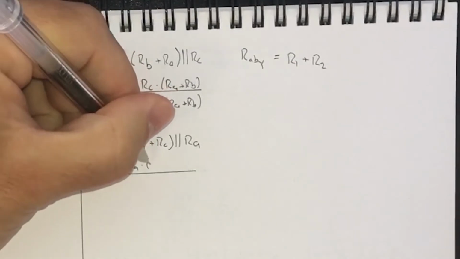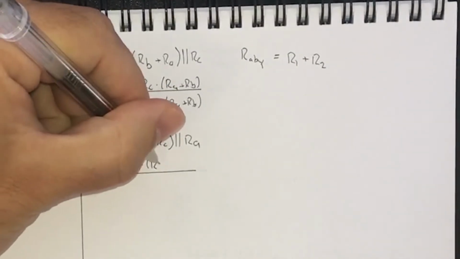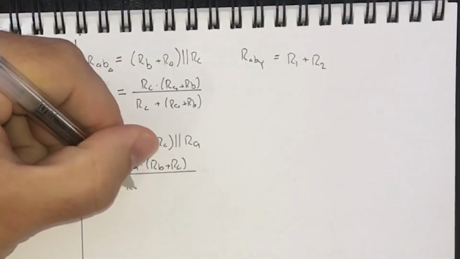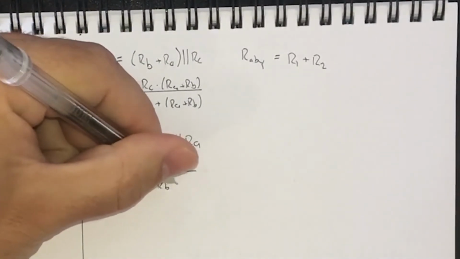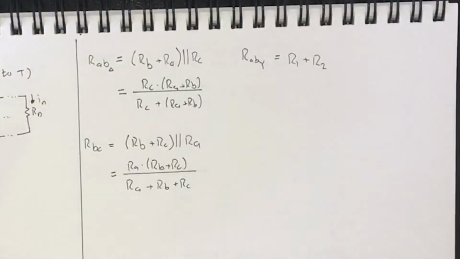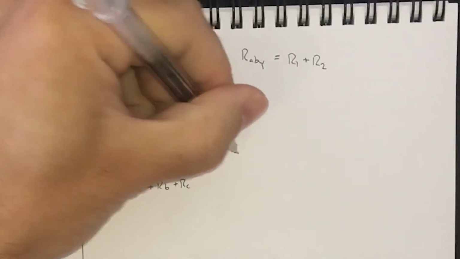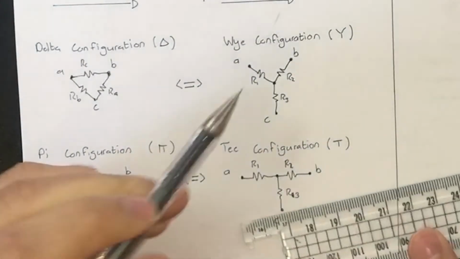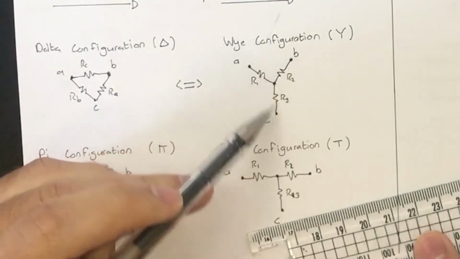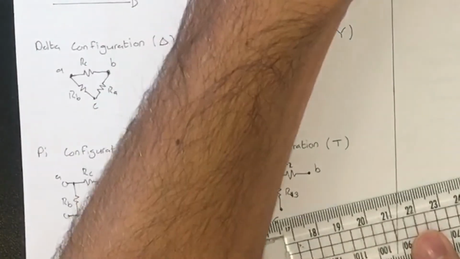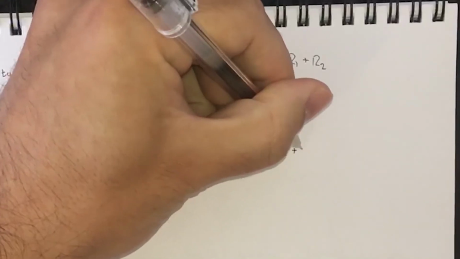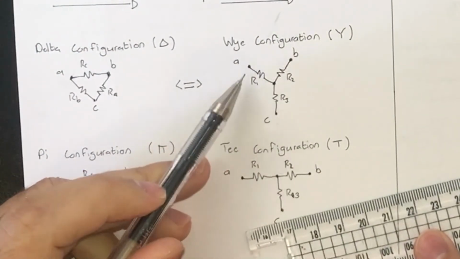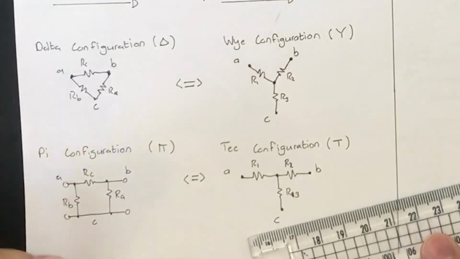RA multiplied by RB plus RC over the sum of RA, RB, and RC. And yet again, RBC for the y case is simply the sum of resistor 2 and resistor 3. Because we leave this node floating, it does not come into play.